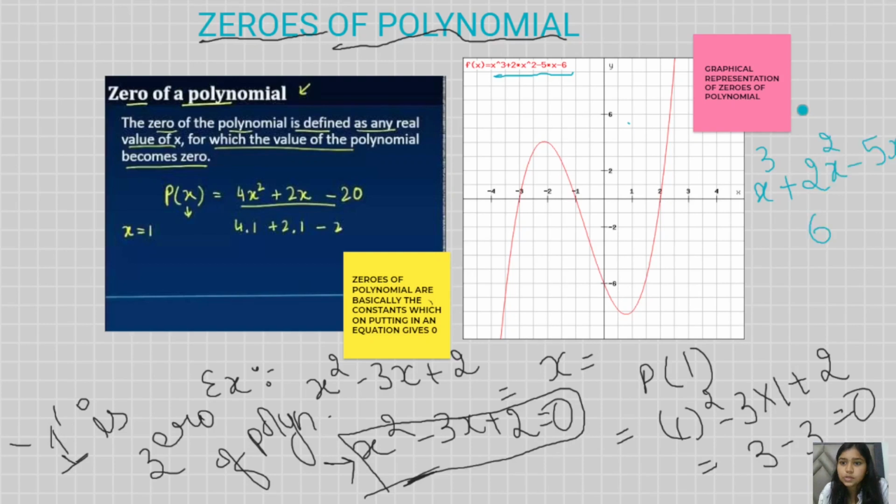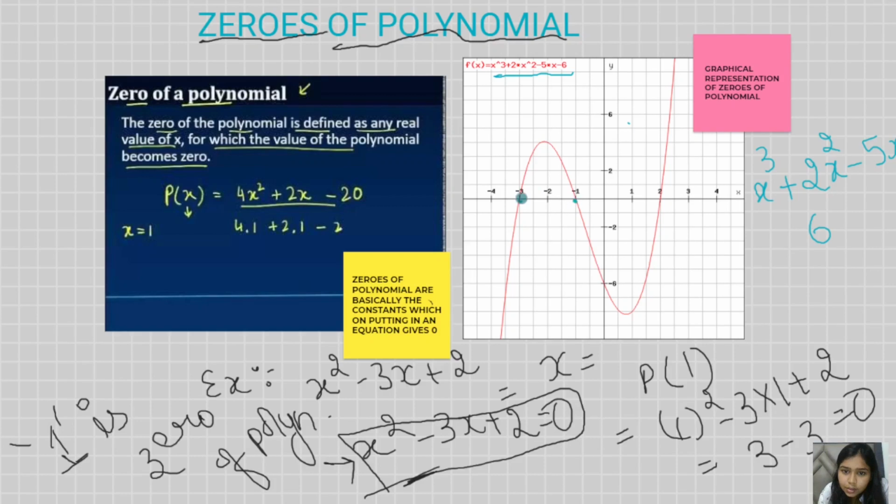So this is the particular equation. The equation's value must be 0 on putting in any zero value of x. So let's see where this graph intersects the x-axis. As you can see, the graph is intersecting here at the -3 point, here at the -1 point, and at the 2 point.